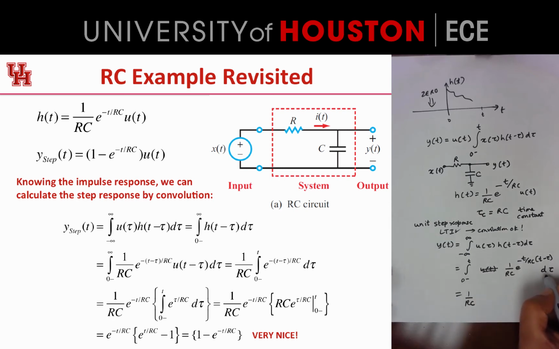Now this integral is with respect to tau, remember? So whatever is unrelated to tau can be pulled outside: e to the minus t over RC, times the integral from 0 minus to t of e to the minus of minus tau, so it's just plus, tau over RC d tau.